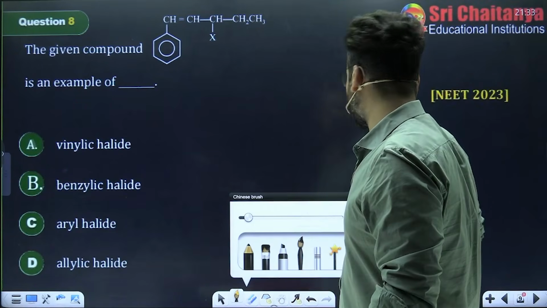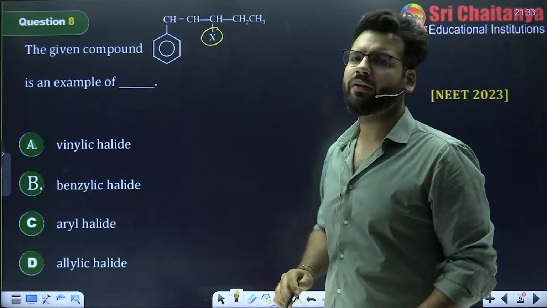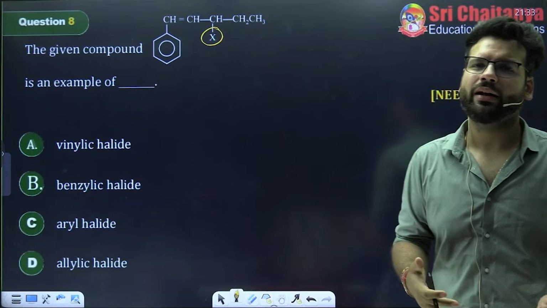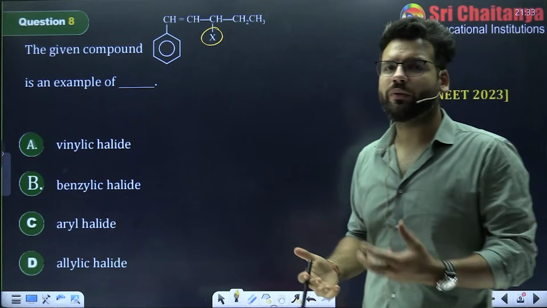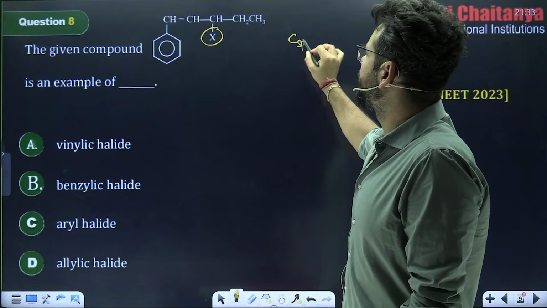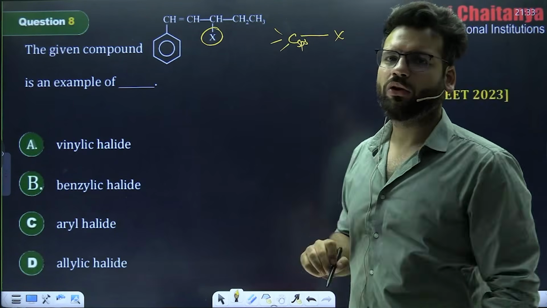This is a simple question from the classification of compounds. When we take an alkyl halide, we have different types of alkyl halide. Some of them can be allyl halide, benzyl halide, aryl halide, vinyl halide. Whenever an sp3 carbon is directly attached to a halogen, this is an alkyl halide, all of us know.